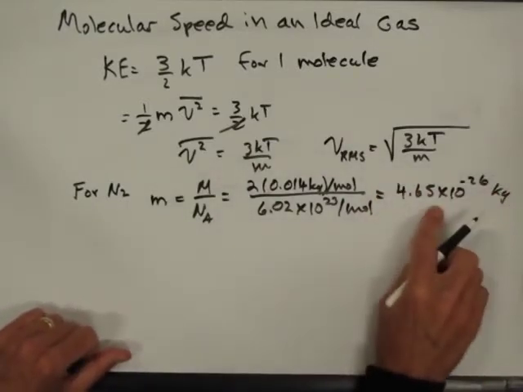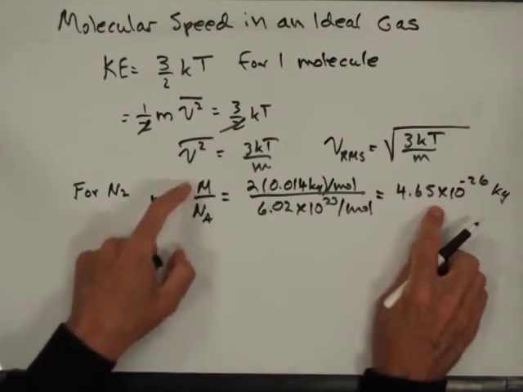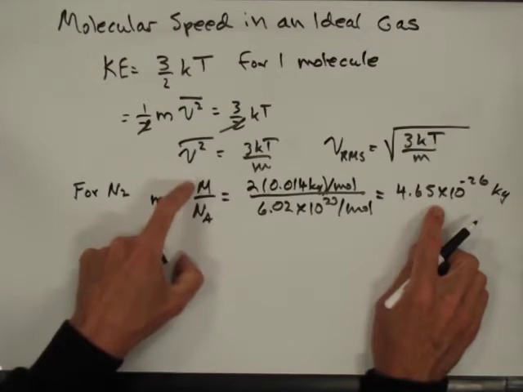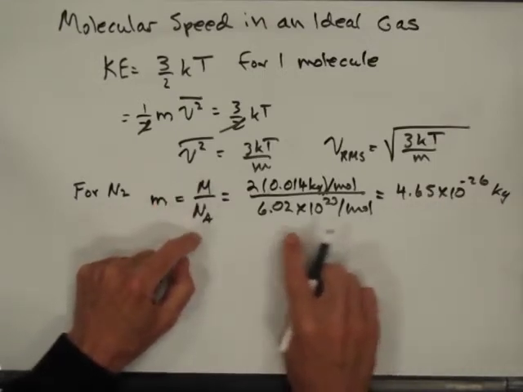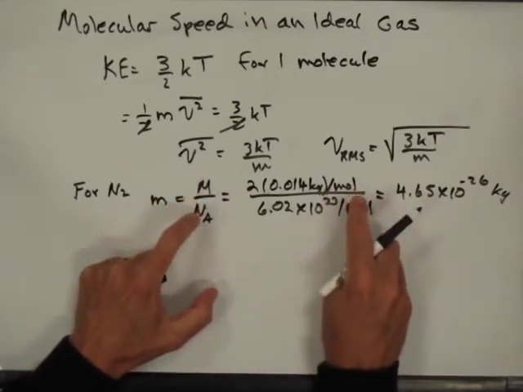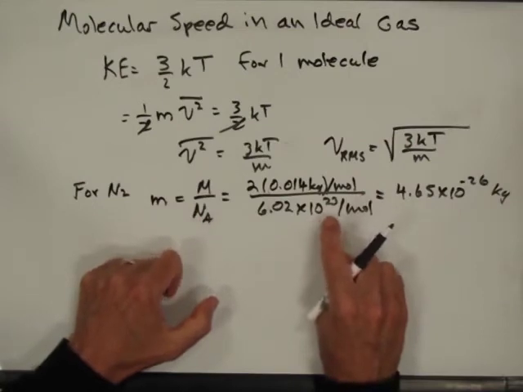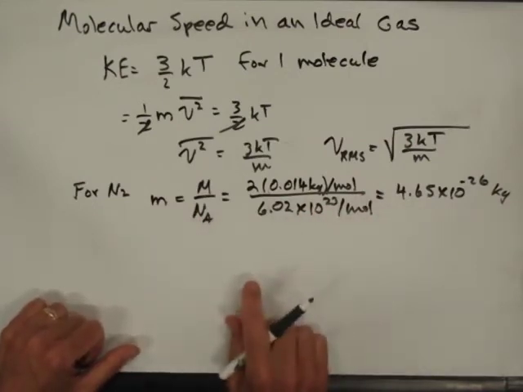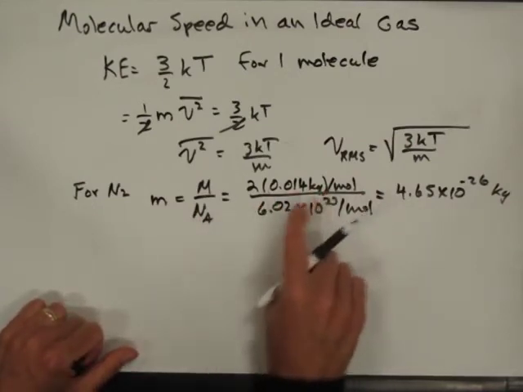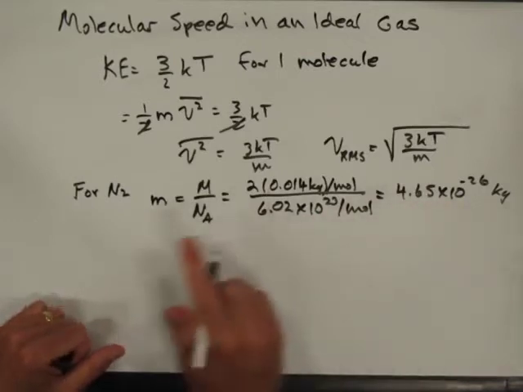So that's the m. It's just the mass of a single one. It's the mass of a mole of them divided by how many are in a mole. So it's mass per mole divided by molecules per mole, and that gives you 4.65 times 10 to the minus 26.